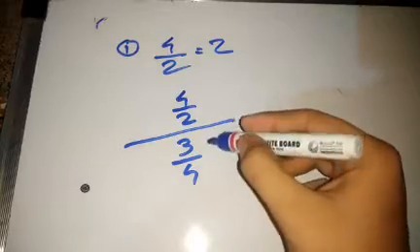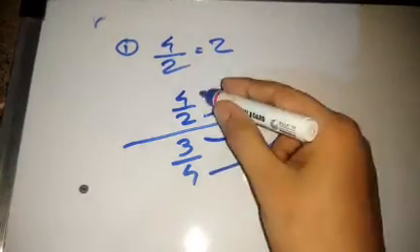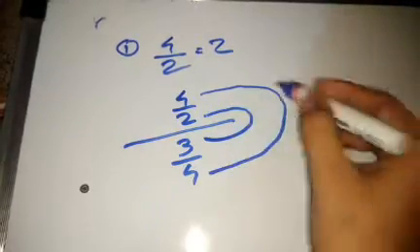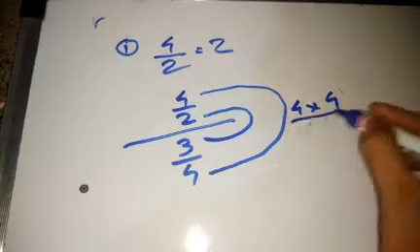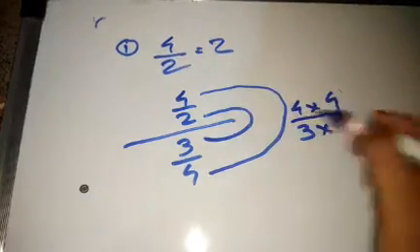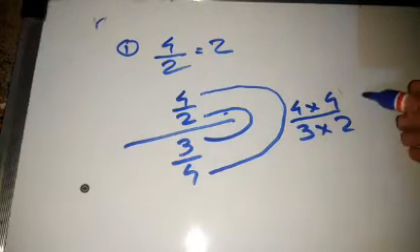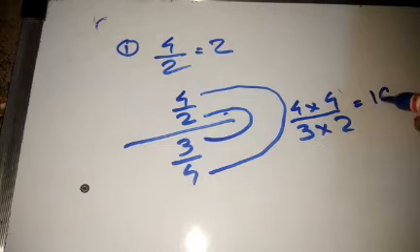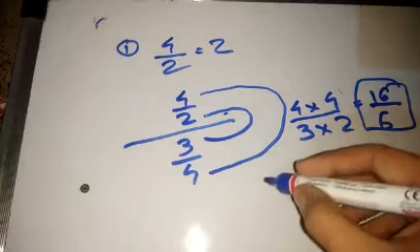Then we have to just multiply these two numbers and multiply these two numbers and put this above multiplication 4 into 4, and below we have to do 3 into 2. Multiply these two numbers and put this above, and multiply these two numbers and put this below, and you will get the answer 4 into 4 16, and 3 into 2 6. This will be the answer. These are some tips to calculate complex mathematics.